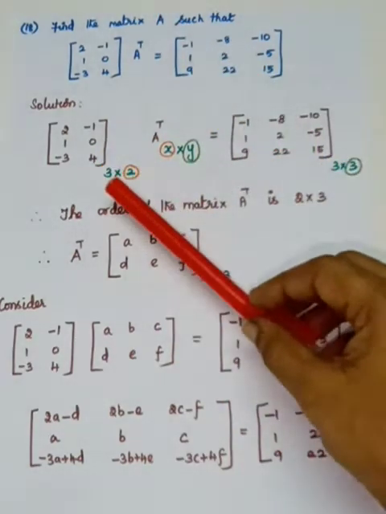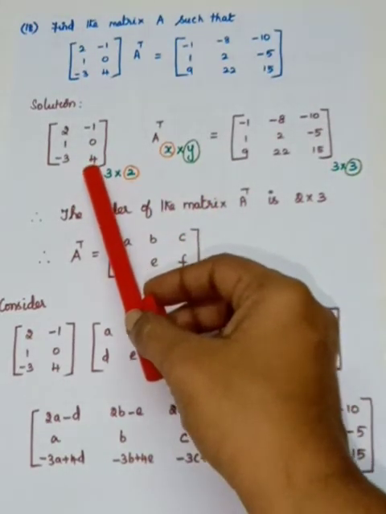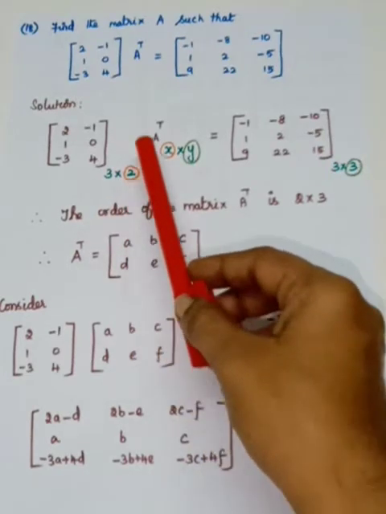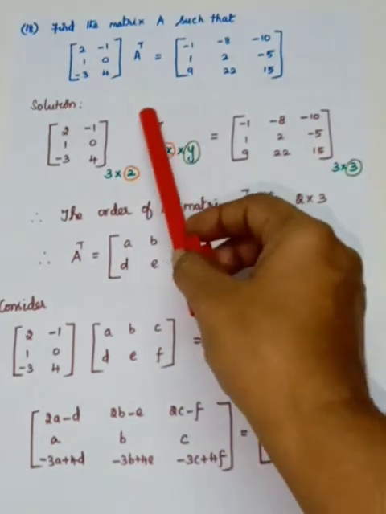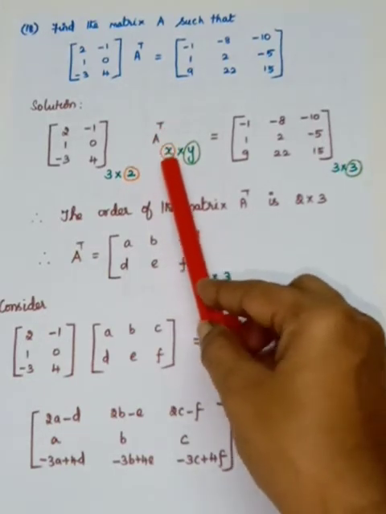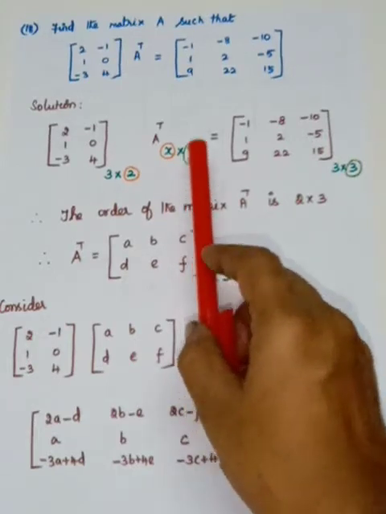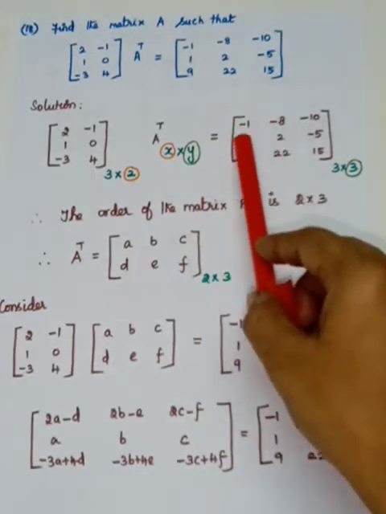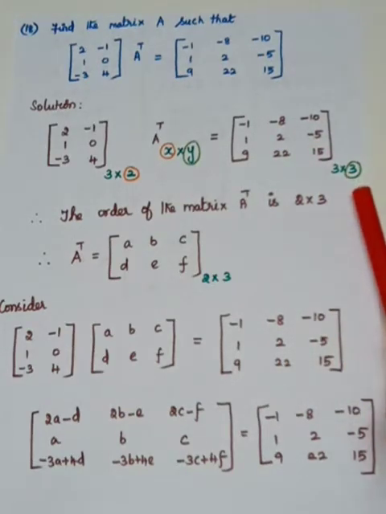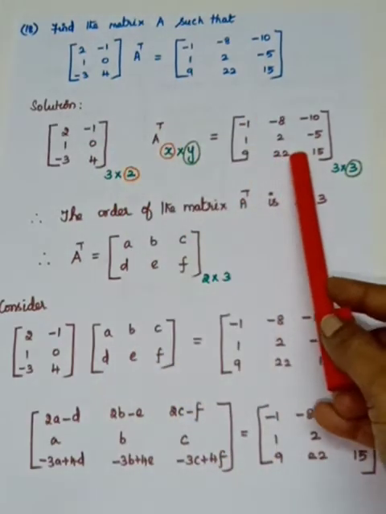Okay, take that result. You see the order of the first matrix. It has 3 rows and how many columns? 2 columns, into A transpose. We don't know what A transpose is, so I have taken the number of rows of A transpose as X and the number of columns as Y. That is equal to the resultant matrix whose order is 3/3. If you multiply these two matrices, you will get the resultant.